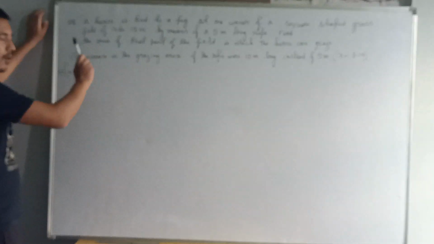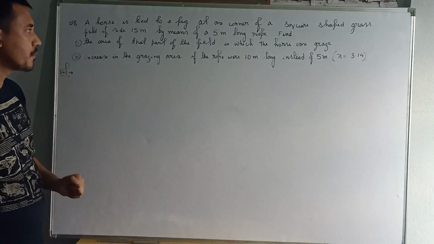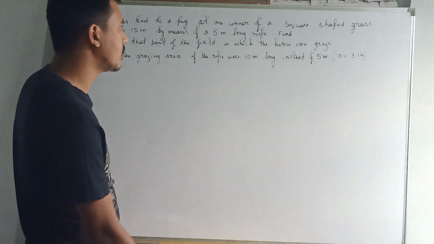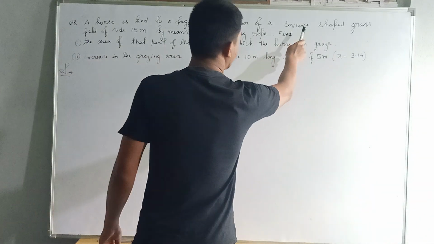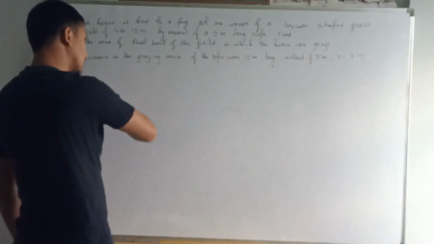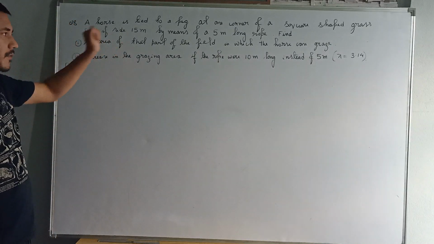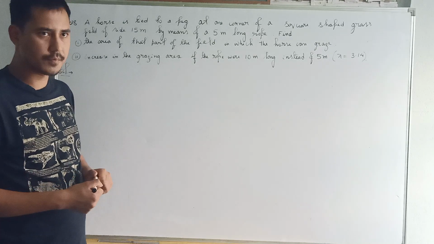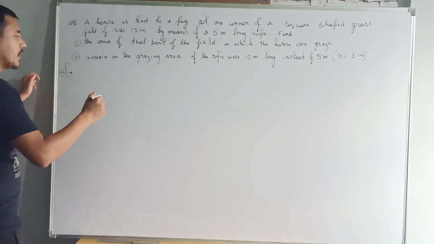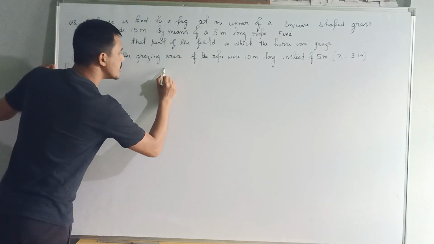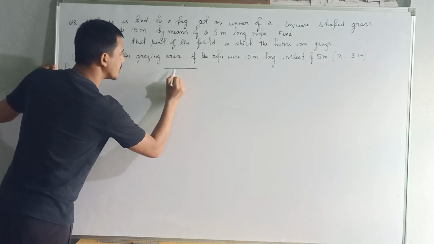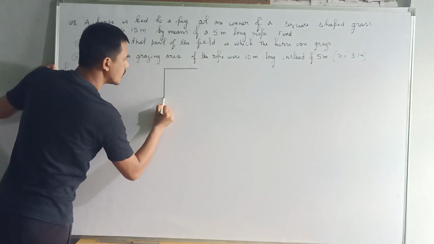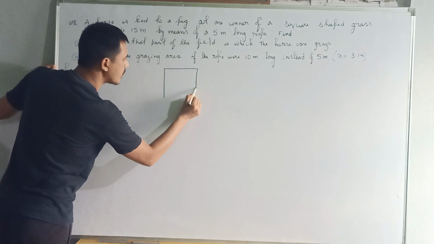So we have a horse which is tied to one corner of a square-shaped grass field having side 15 meter by a 5 meter long rope. So we have a square-shaped grass field.